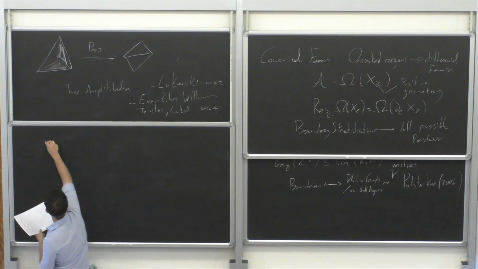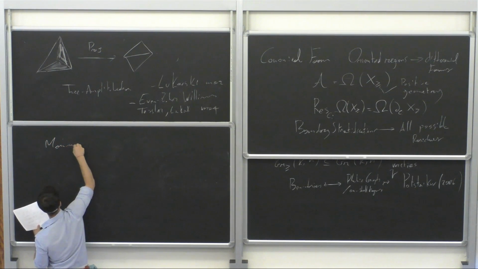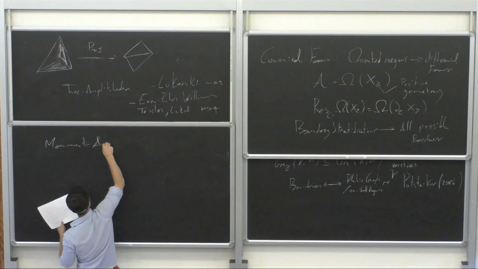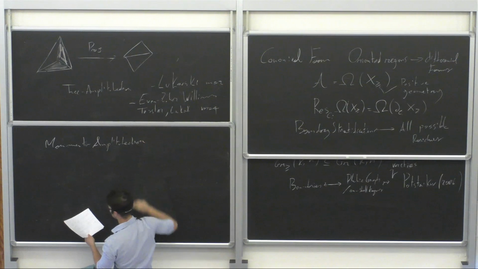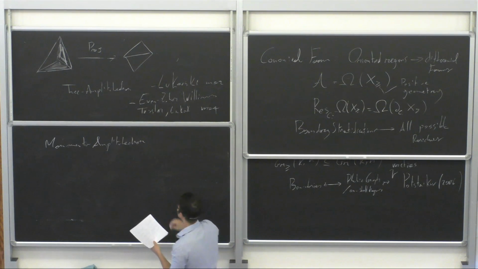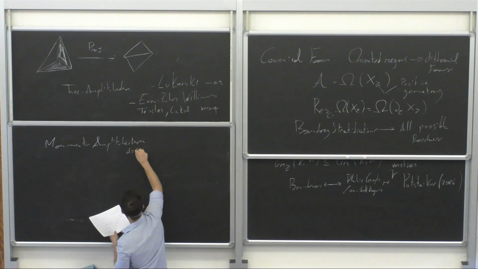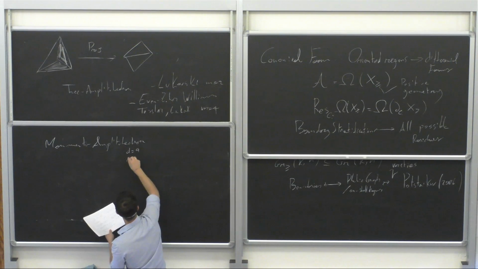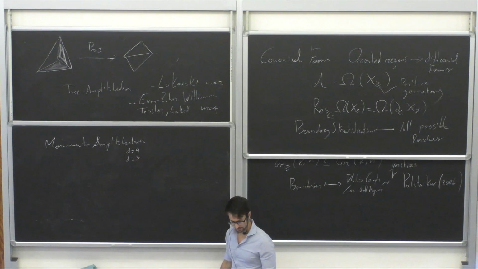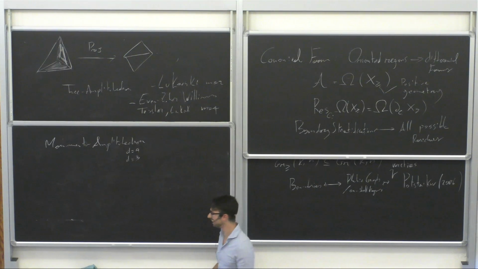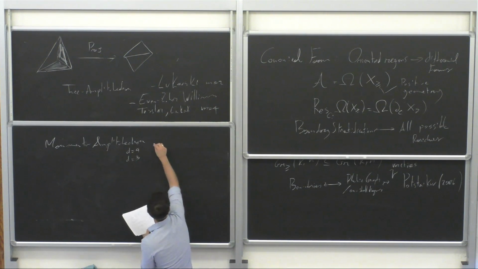Then there is also a story of the momentum amplituhedron. That is the amplituhedron in spinor helicity variables. And this appears for N=4, but also for N=3, N=6, ABJM, thank you, the name was not coming.